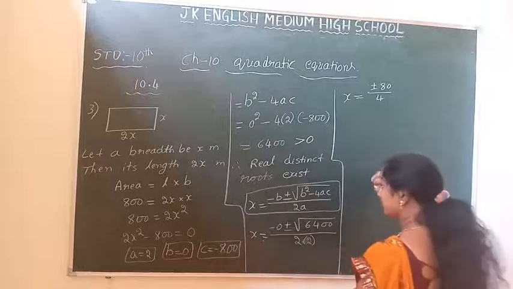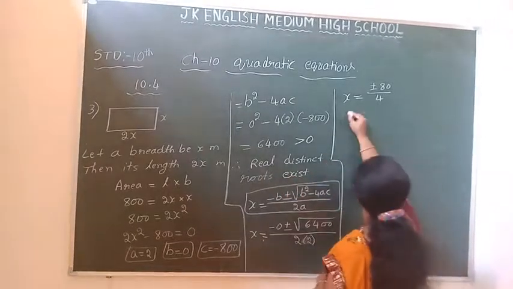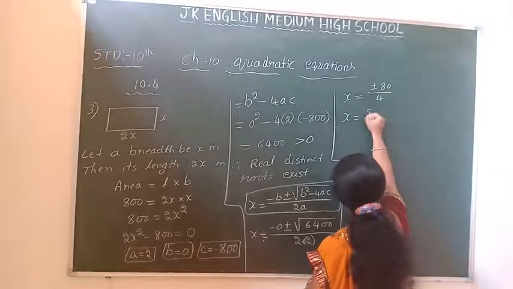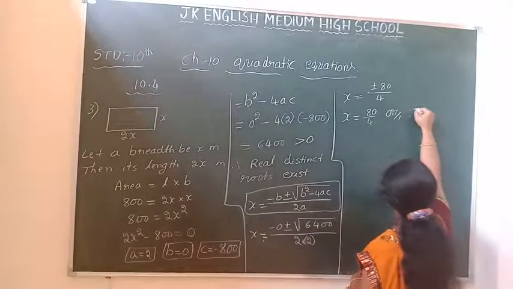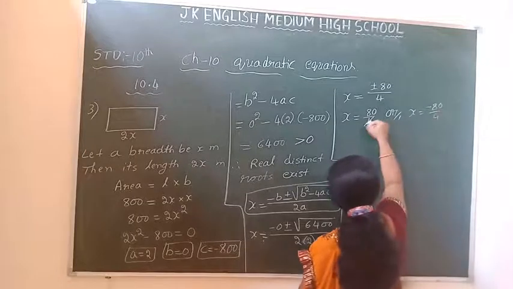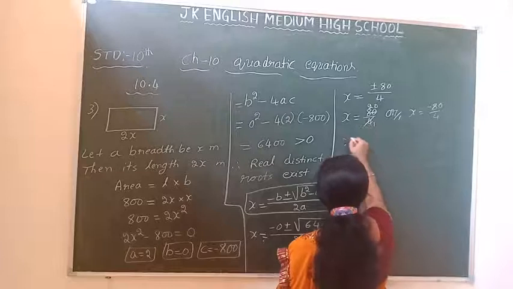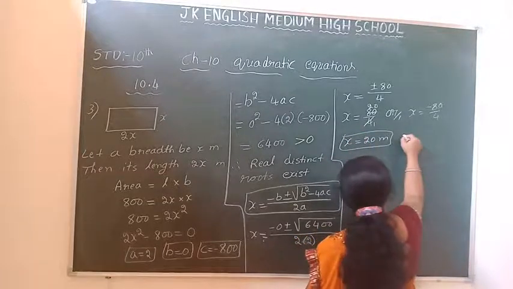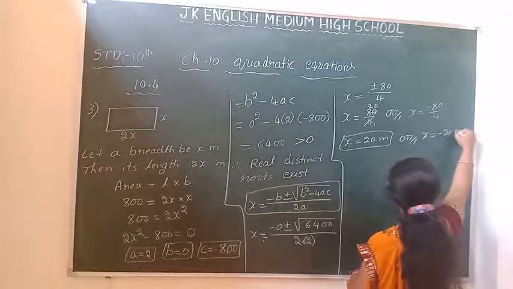So I am going to get distinct roots. x is equal to plus 80 by 4 or x is equal to minus 80 by 4. So 4 20s are 80, you get x is equal to 20 meter or x is equal to minus 20 meter.